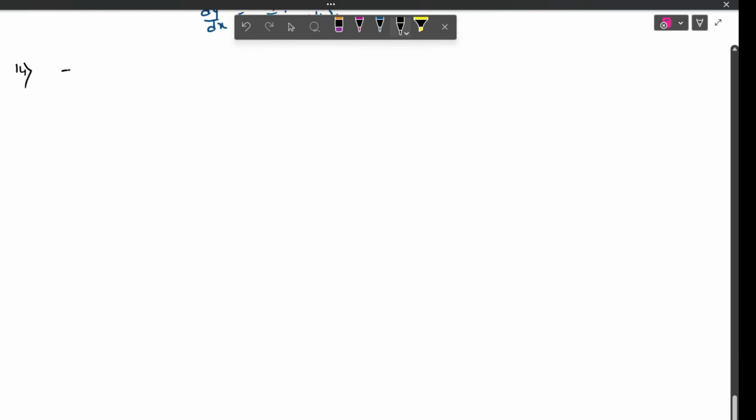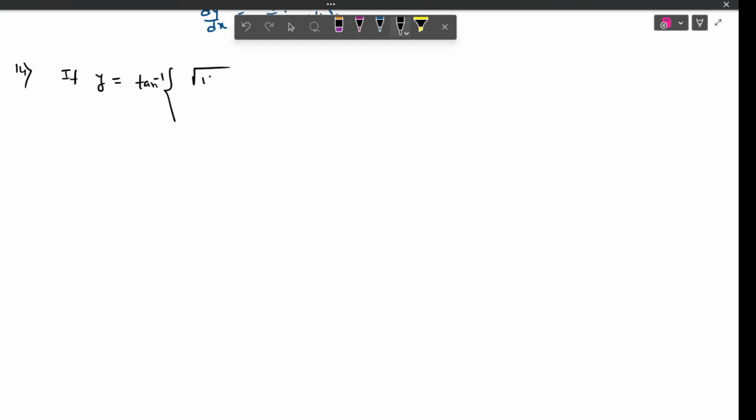If y equals tan inverse of root under 1 plus x square plus root under 1 minus x square, by root under 1 plus x square minus root under 1 minus x square.